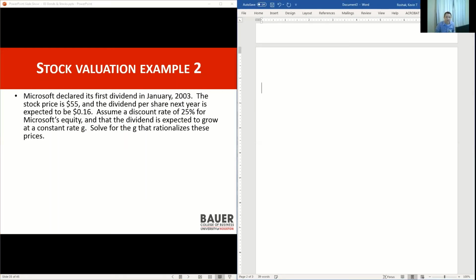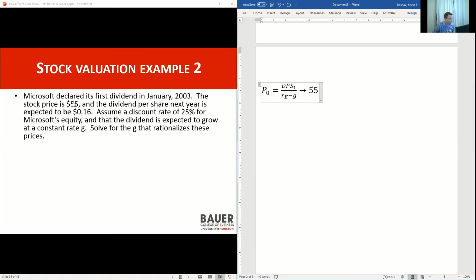Well, first things first, we set up the cash flows. We know that it's a growing perpetuity, so we can use this formula. The dividends per share at time 1 get discounted by R_E minus G. We look in the stock market, we see Microsoft's stock price is $55.